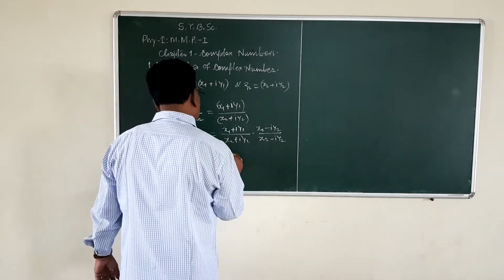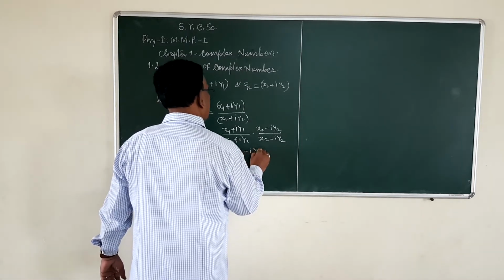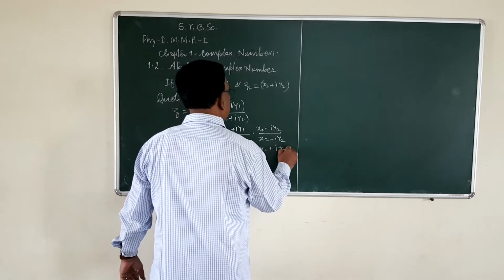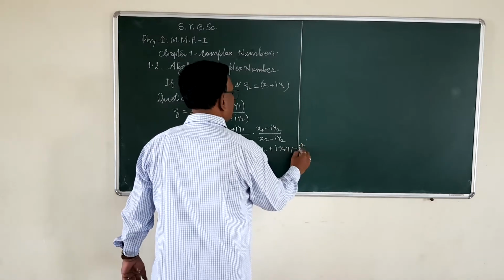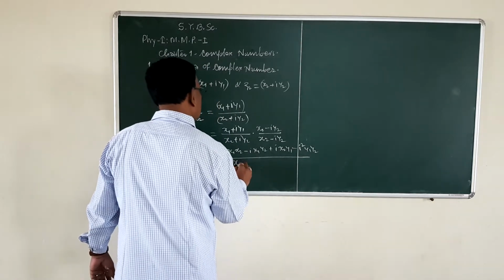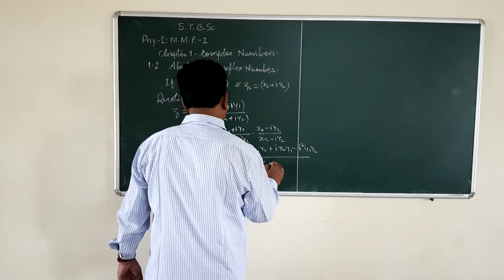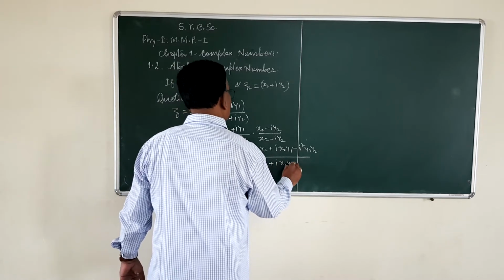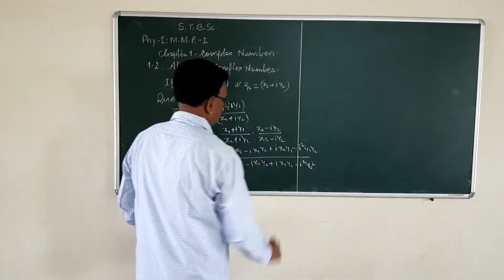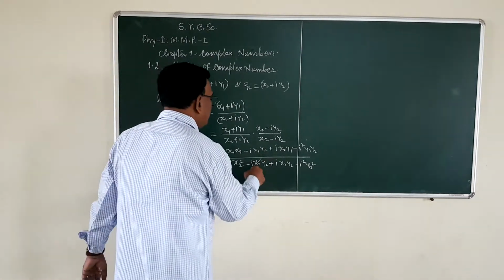After solving this equation, we will get x1 x2 minus i x1 y2 plus i x2 y1 minus i square y1 y2, divided by x2 square minus i x2 y2 plus i x2 y2 minus i square y2 square. Both these terms are equal and opposite, hence they cancel each other.